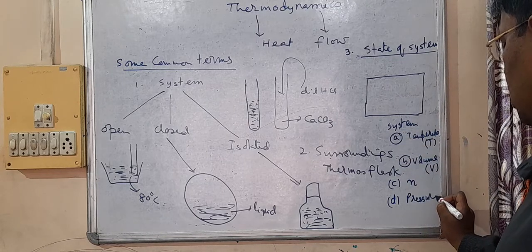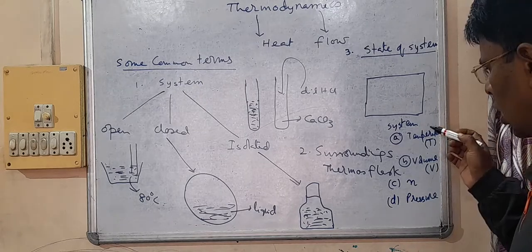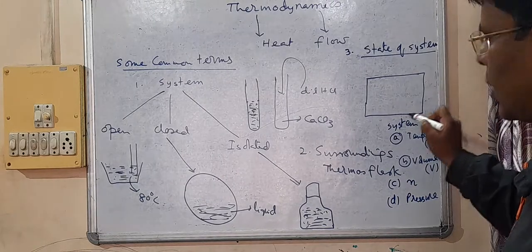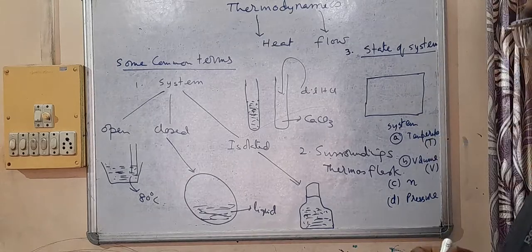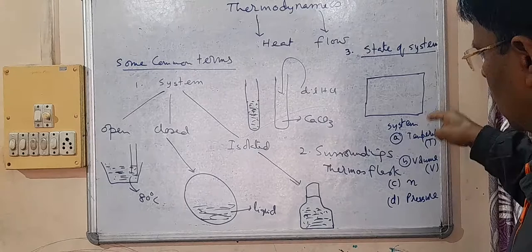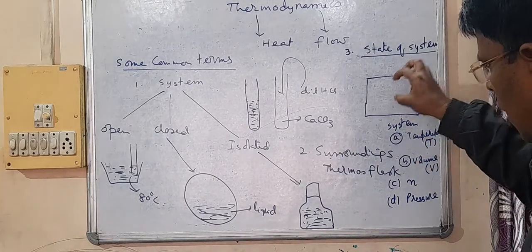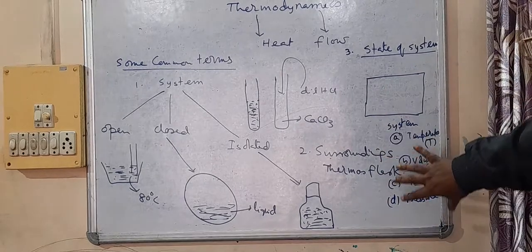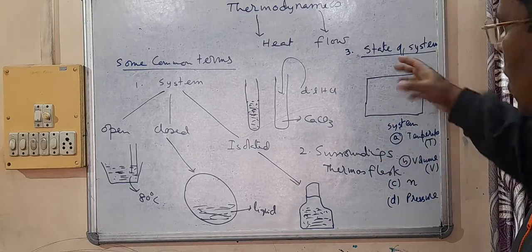We have to know pressure of the system. So, if we want to know the state of the system, that means we have to know what is its temperature, what is its volume, how many moles are there, what is the pressure. If we know all these things, then only we can say that we know the state of the system.